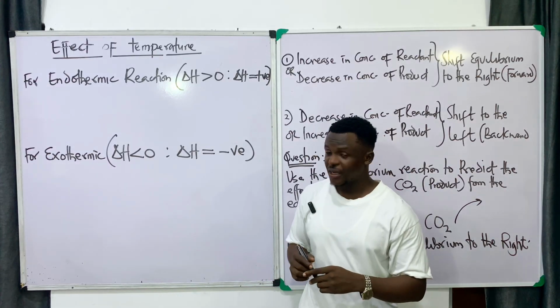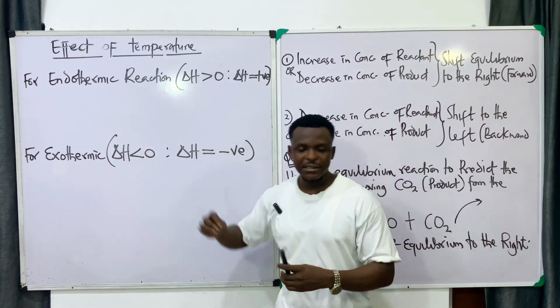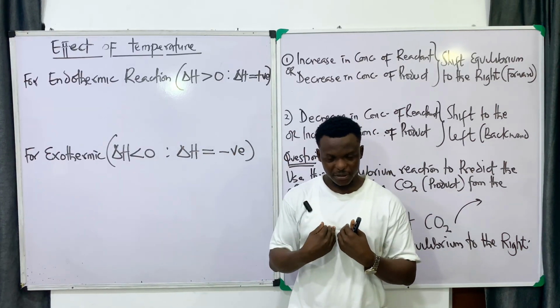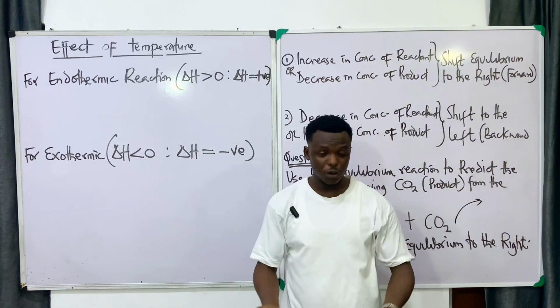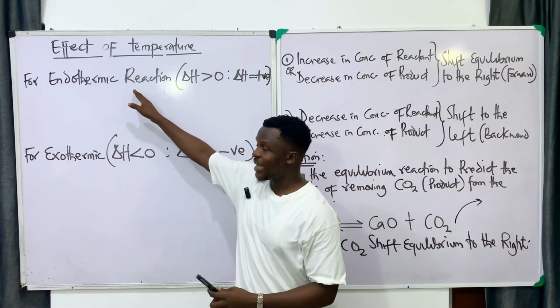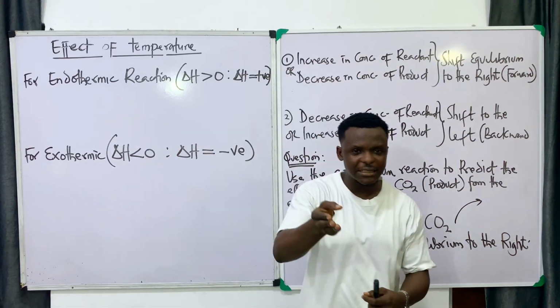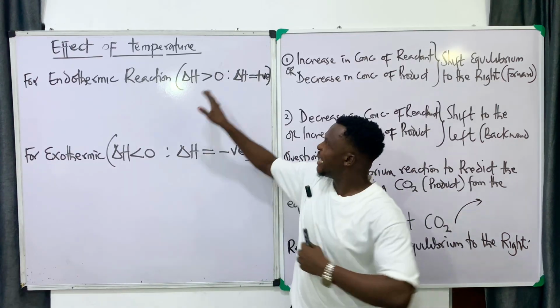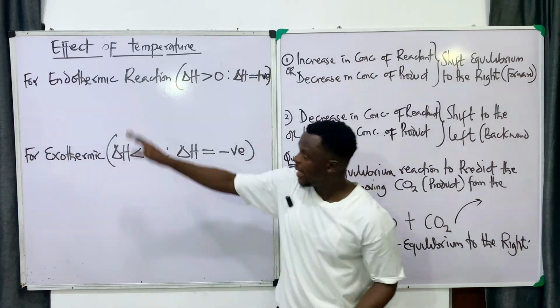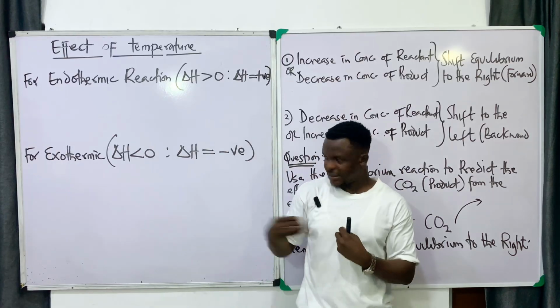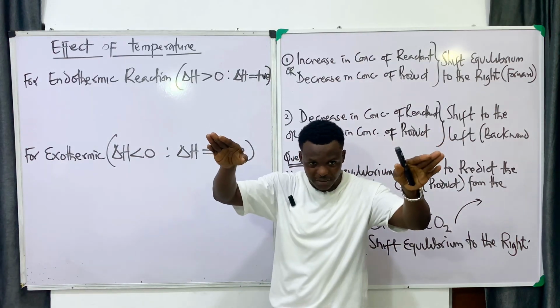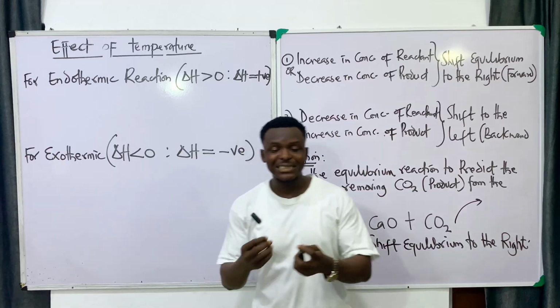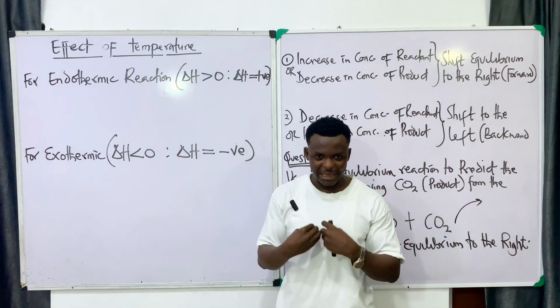And listen very carefully. Endothermic means I need to gain heat for me to proceed to form a product. So for an endothermic reaction, if you increase the heat, it will accept it because it needs heat to go faster. Endo means it needs heat, exo means giving out heat. So endothermic reactions absorb or gain heat.